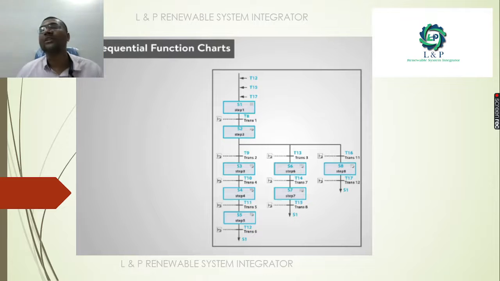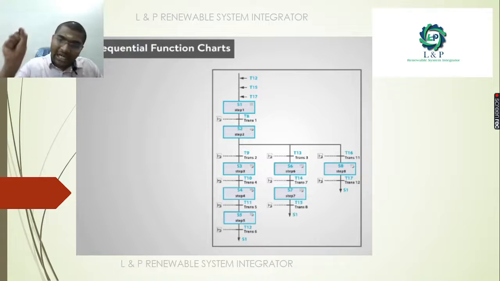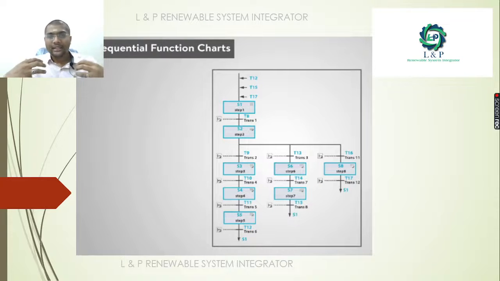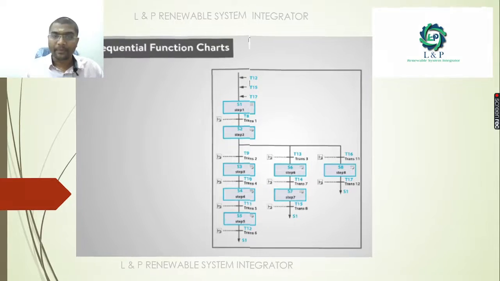Inside sequential function charts, we can narrate the steps like a flow chart: what should be step 1 and what should be step 2. After step 2, we can go to step 3, 6, or 8 based on some conditions, and if you need timers, we can include them too. So necessity made a new invention called sequential function charts.